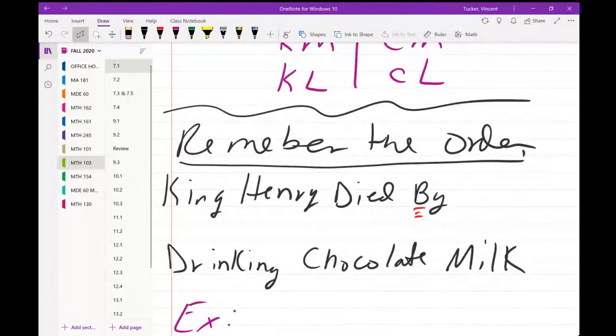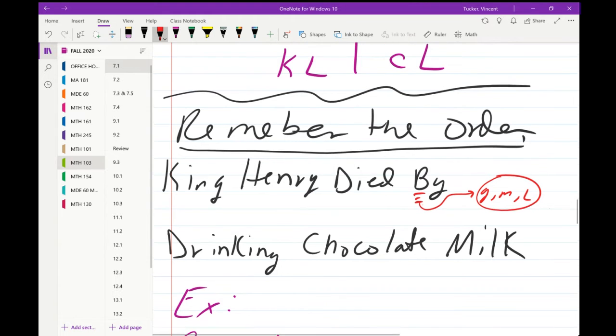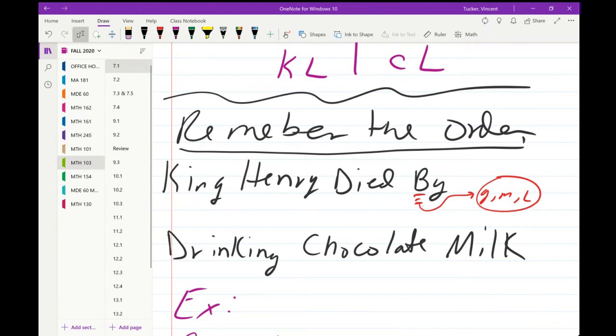K for kilo, H for hecto, D for deca, then B is your base. Depending on what base you're dealing with, whether it's grams, meters, or liters, that base would go there. Then D for deci, C for centi, M for milli. So King Henry died by drinking chocolate milk.